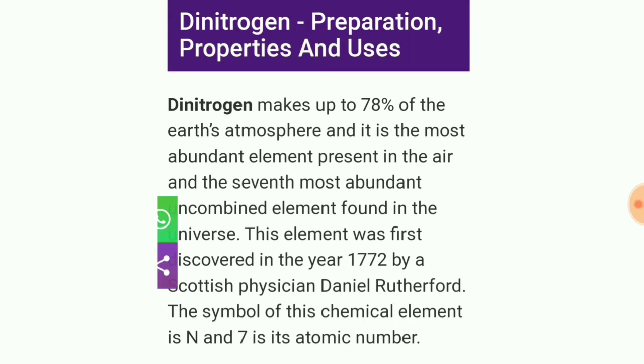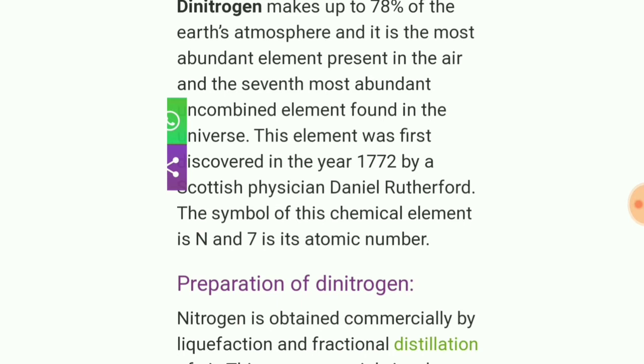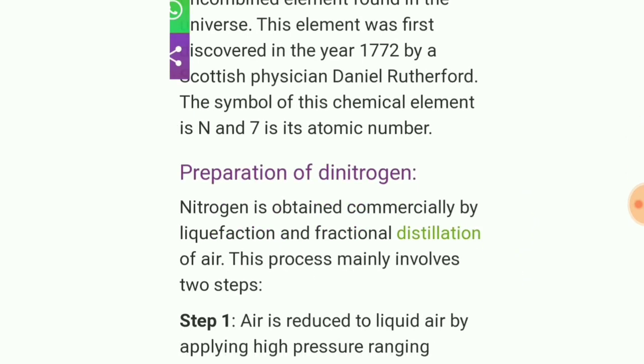This element belongs to the nitrogen family, group 15, and is included in the P block elements. As we know, the P block elements have the general outer electronic configuration ns2 np1 to 6. So this is the brief introduction about nitrogen.